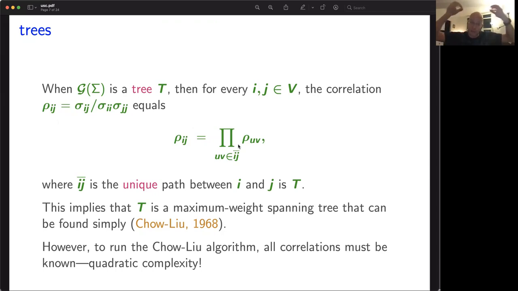If the underlying graph is a tree, then for any two vertices there's a unique path that connects them, and the correlation between these two vertices will be just the product of the correlations on all the pairs along the path.